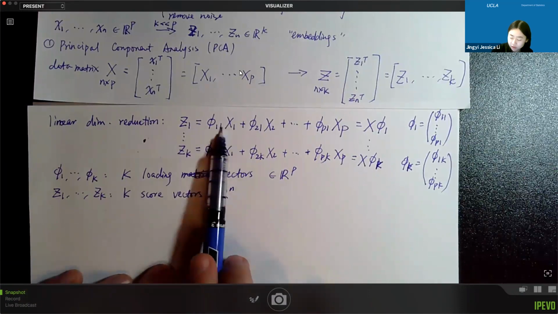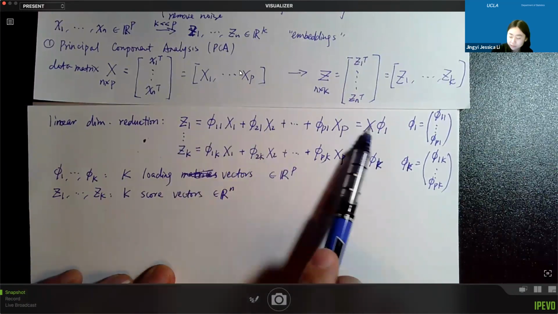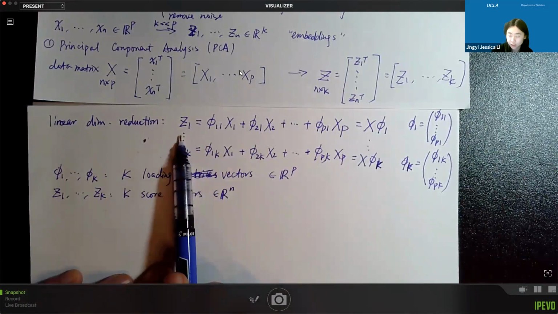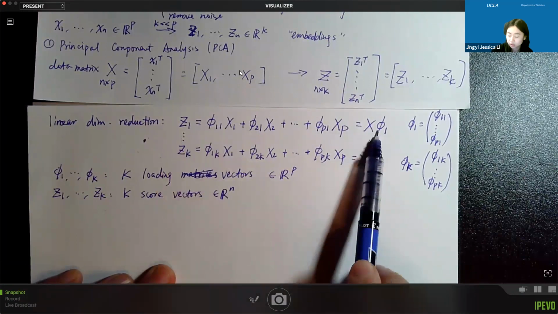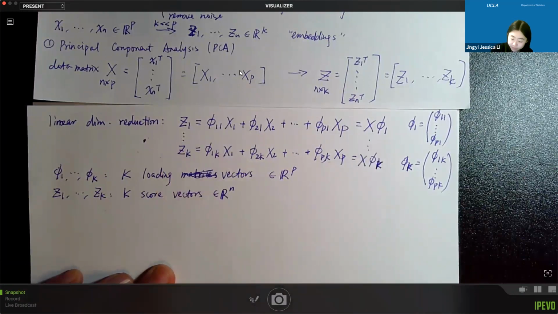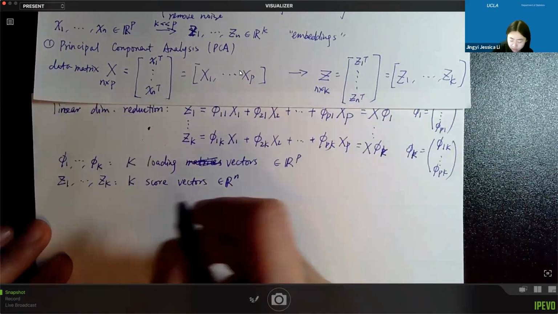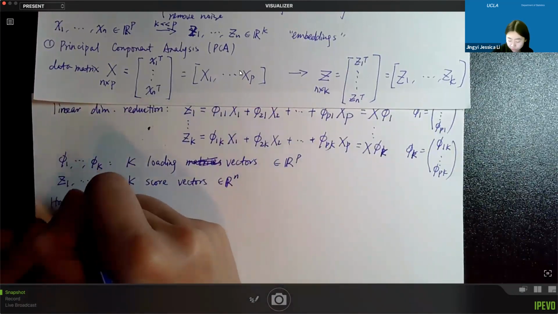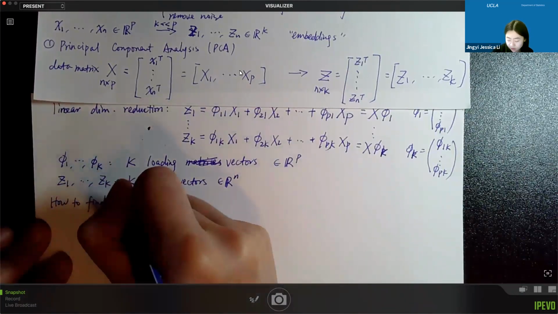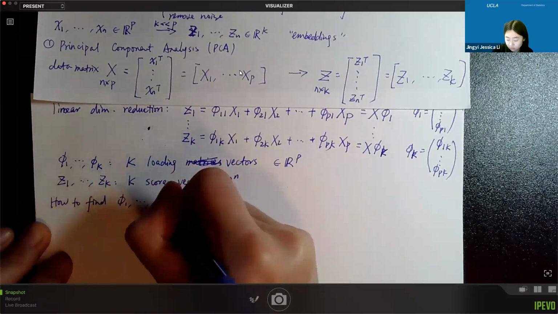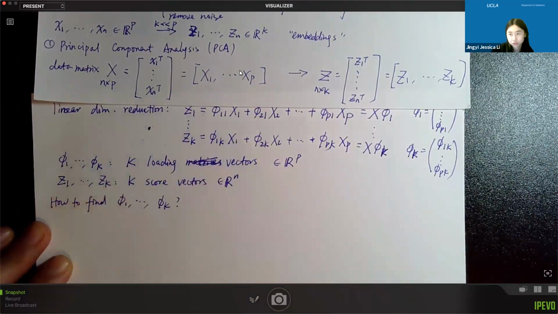Once we have the loading vectors, I can immediately get the score vectors just by this multiplication. But then the question is how to find phi1 to phik. That's the question to be answered by PCA.